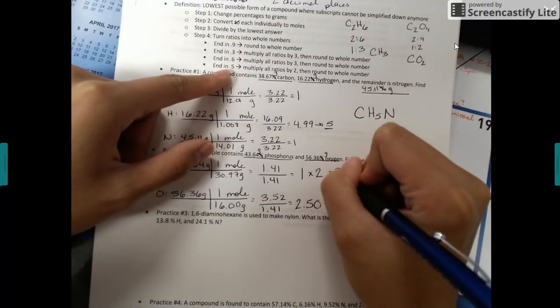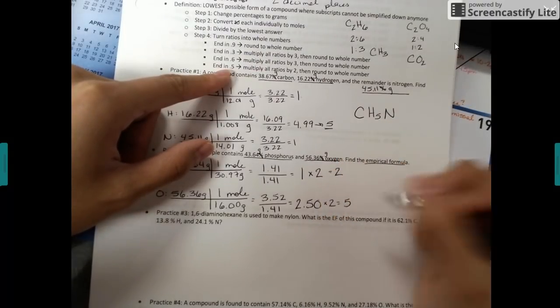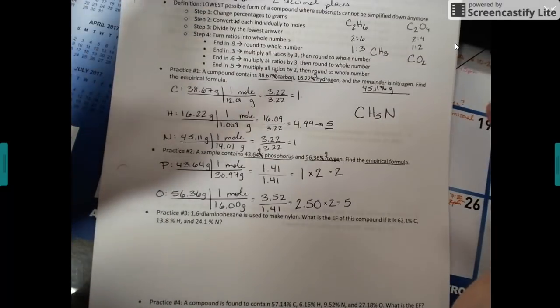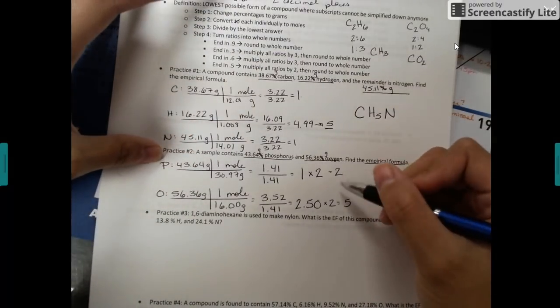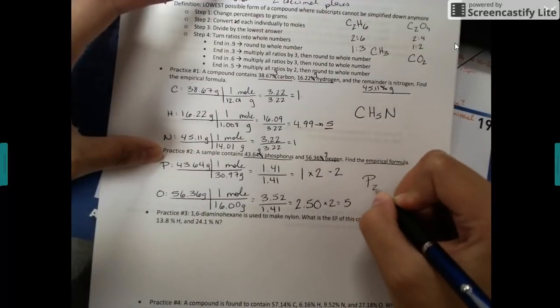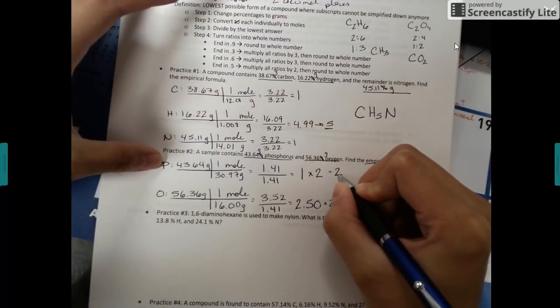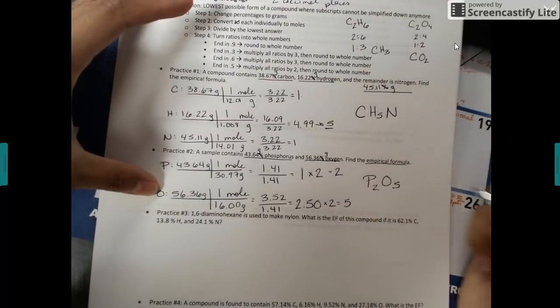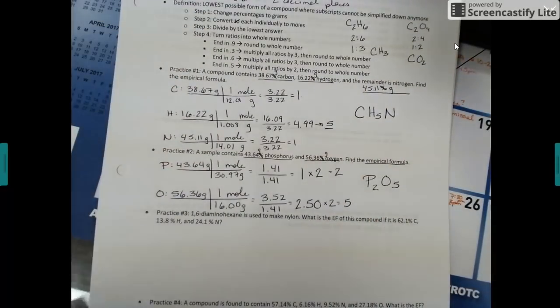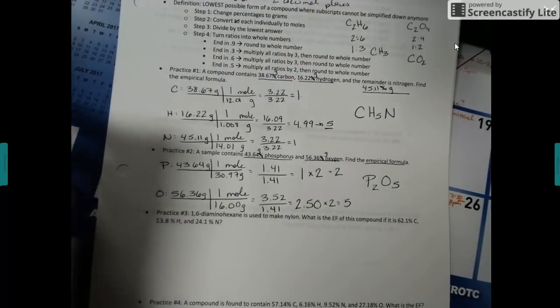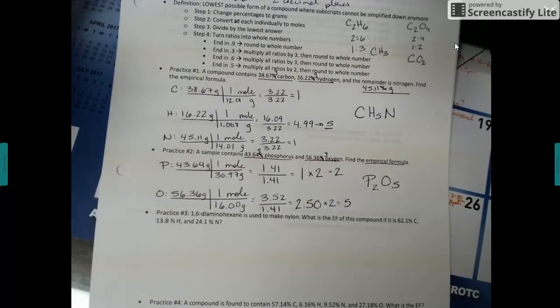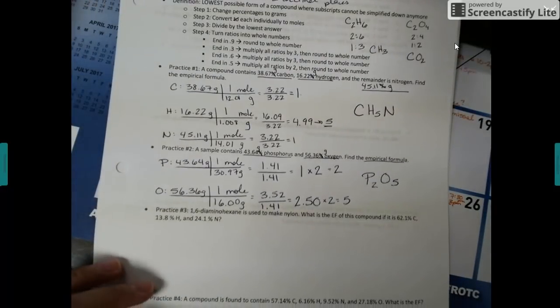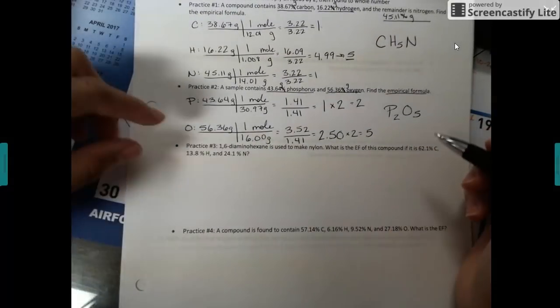Top one is 2, bottom one is 5. That's already a whole number, so I leave it alone. And now I know that my formula should have 2 of the P's and 5 of the O's. P2O5. All right. Again, if you feel confident, you should find the answer, and if not, then you should keep working through the problems.